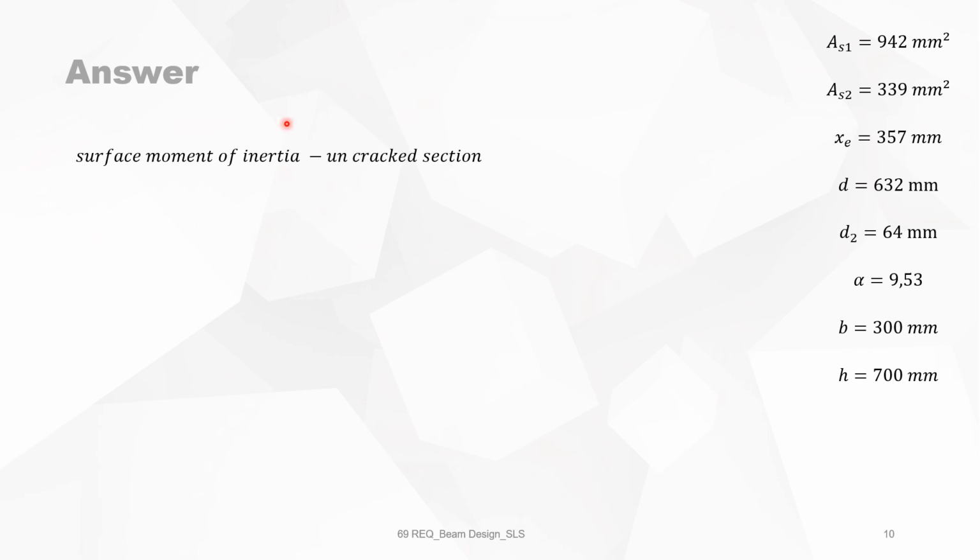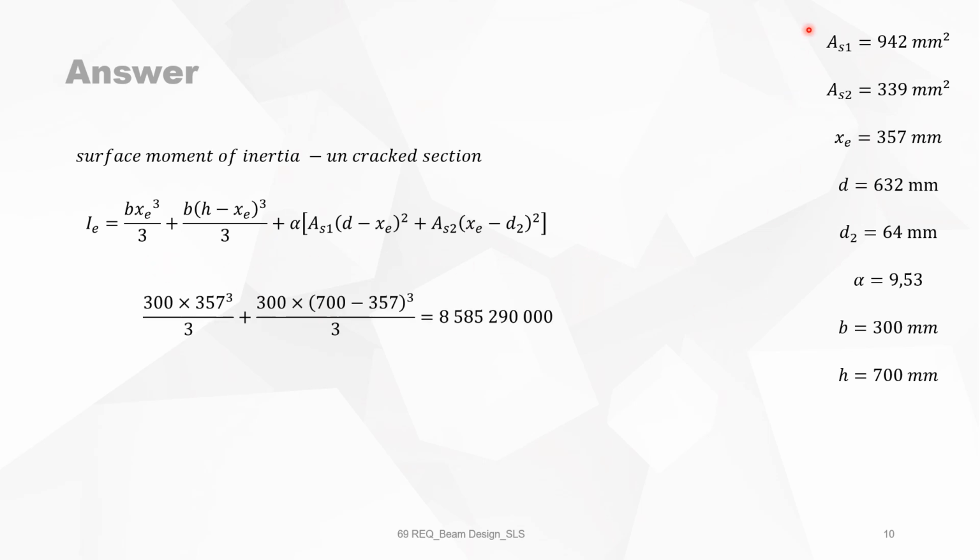The second moment of inertia for the uncracked section is then equal to this, with the effective or the fictive cross section. Different values of the parameters are listed here. We first start with calculating the first part of the equation, which gives you this number.